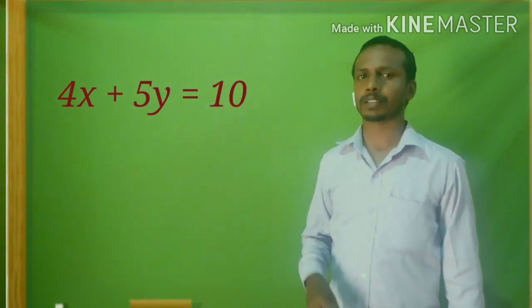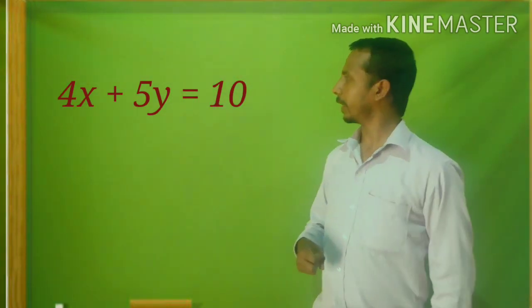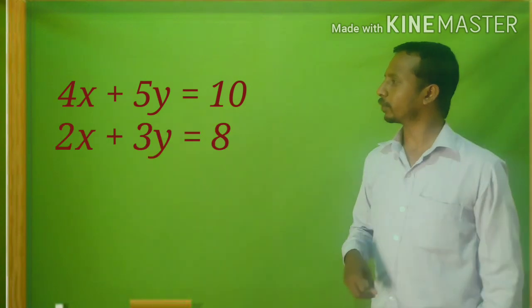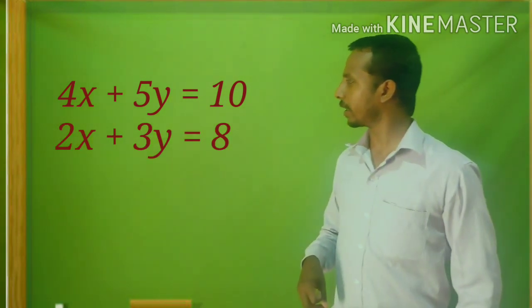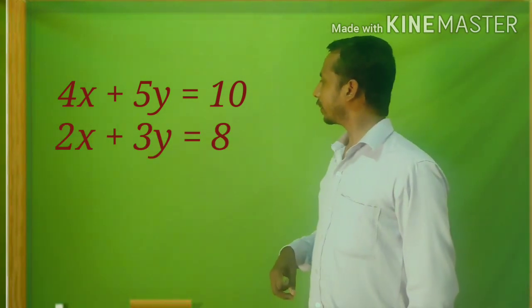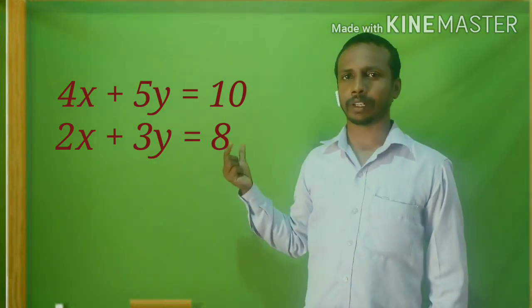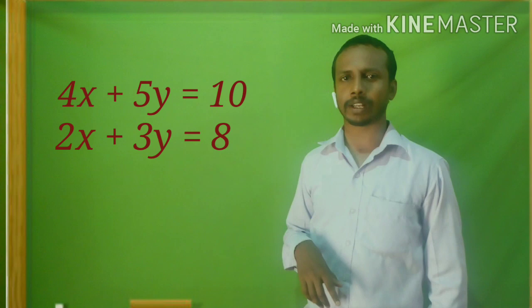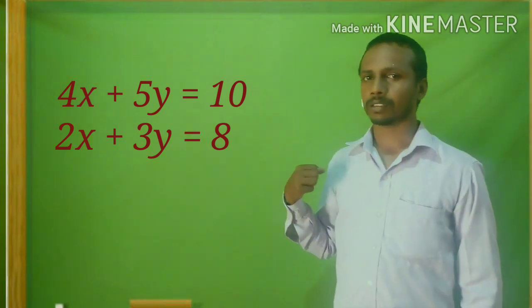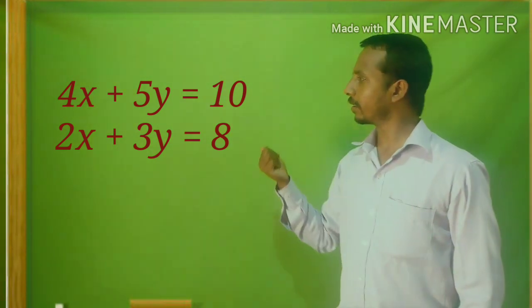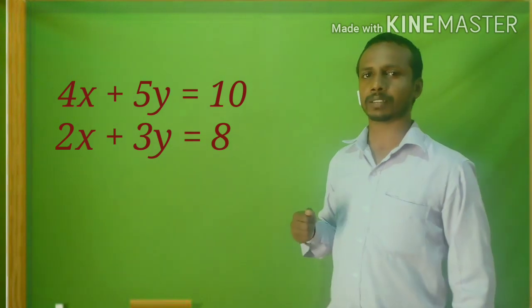Now consider another example: 4x plus 5y is equal to 10, and 2x plus 3y is equal to 8. In these two equations, x and y are the variables. Equation 1 has two variables, therefore it is called a linear equation in two variables. Equation 2 also has two variables, therefore it is also a linear equation in two variables. Both equations are linear equations with two variables.